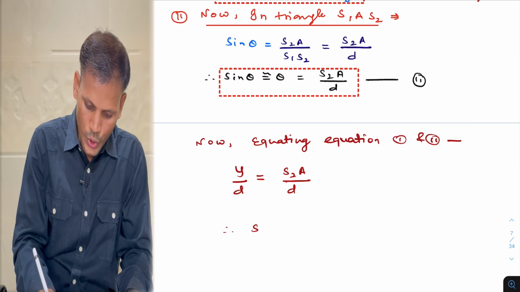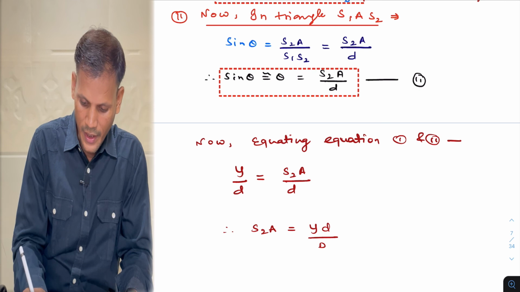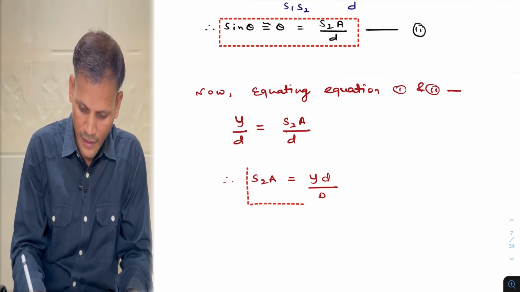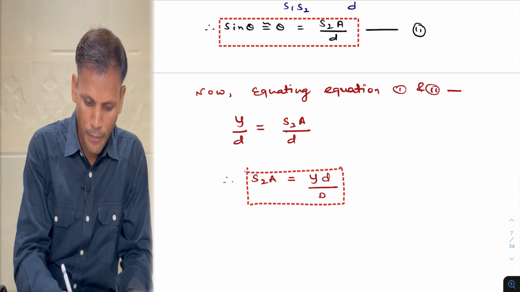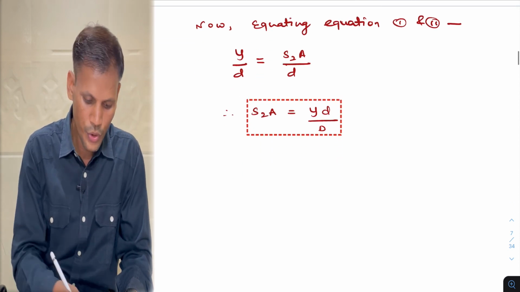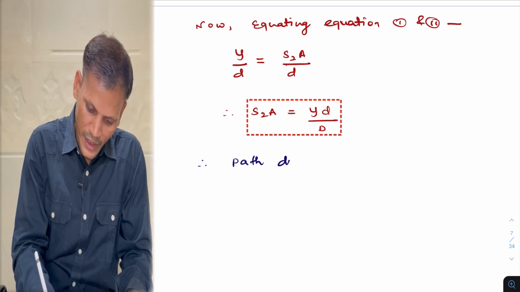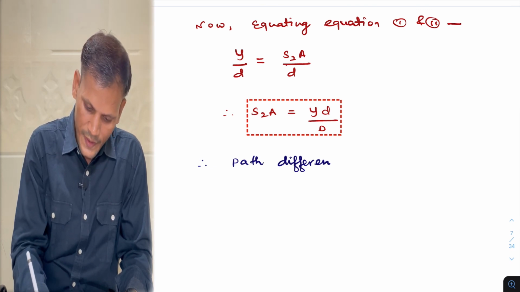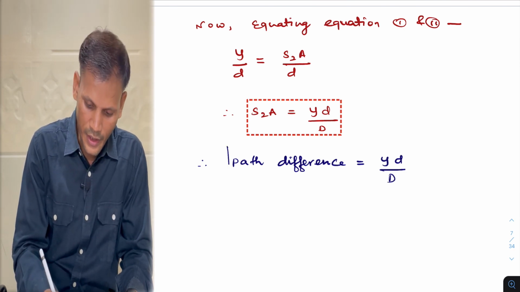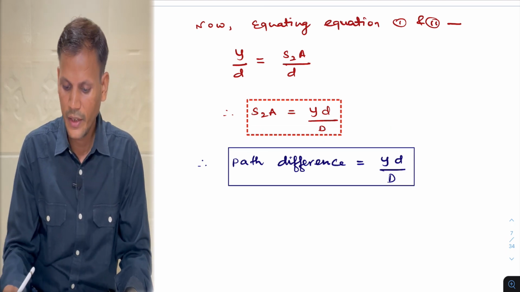So S2A will be y d by capital D, and S2A is nothing but the path difference, which we were supposed to calculate. So path difference is equal to y d by capital D. This is the derivation for the path difference.